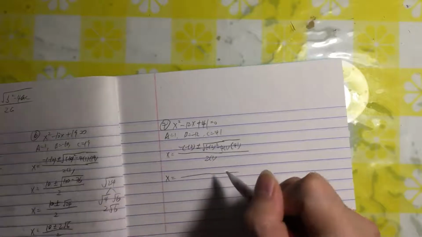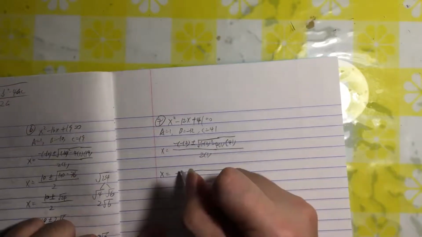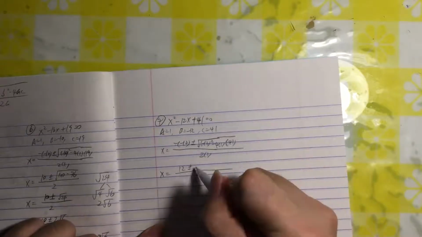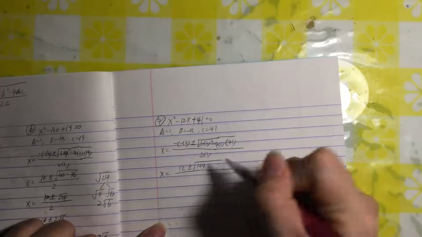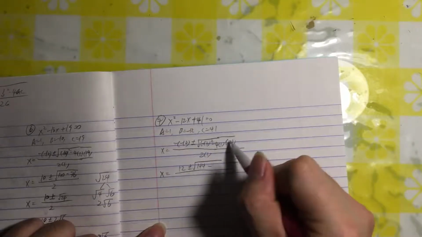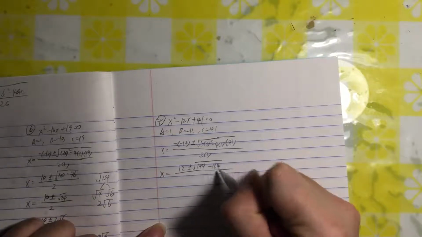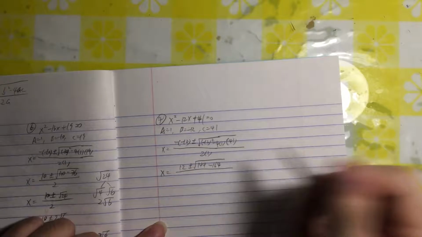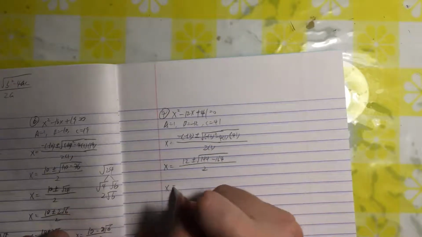Then simplify here. Double negative is positive. Negative 12 is positive 12. Plus or minus negative 12 squared is 144. 4 times 1 is 4. And 4 times 41 is 164. On the bottom, 2 times 1 is 2. Next, simplify the square root.